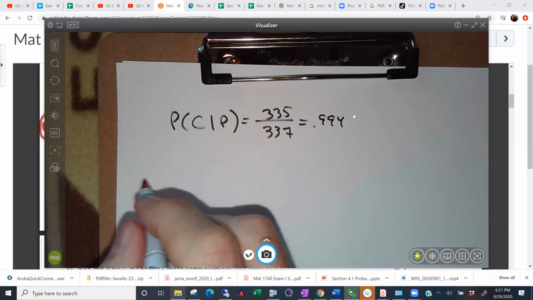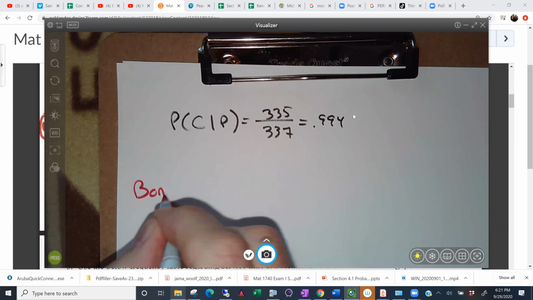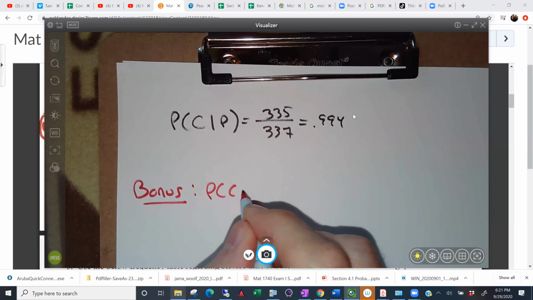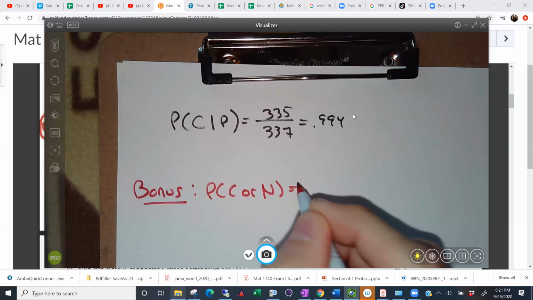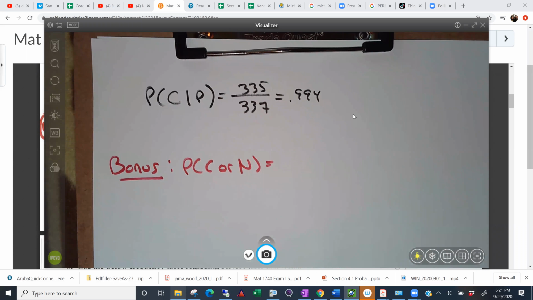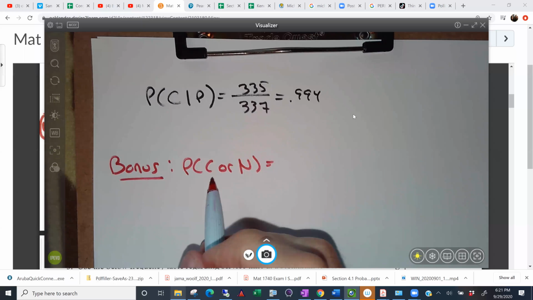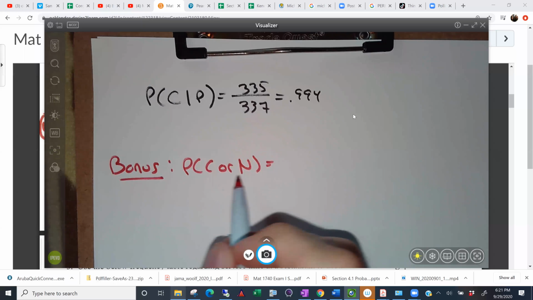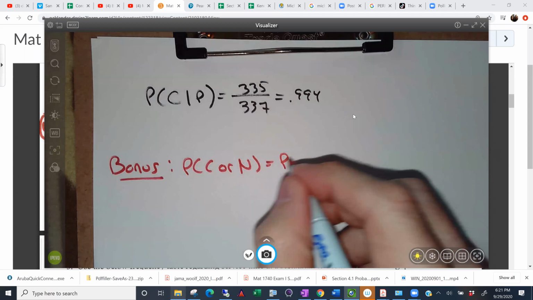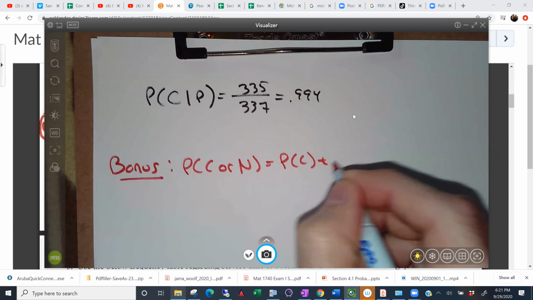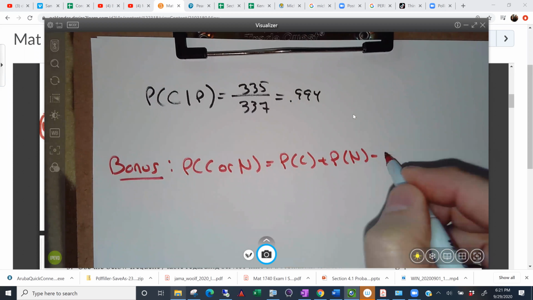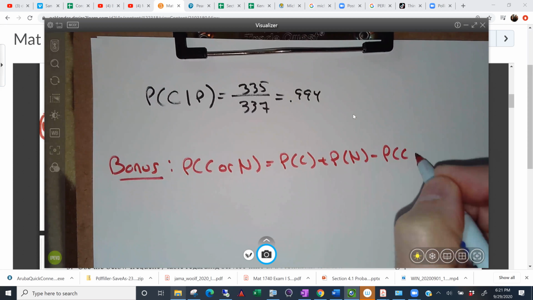We'll do a bonus problem: the probability of C or N. This is getting away from conditional probabilities, but we're still working with the same table. The thing to keep in mind about these addition rules is you can just split it up: the probability of C plus the probability of N minus the probability of their intersection.